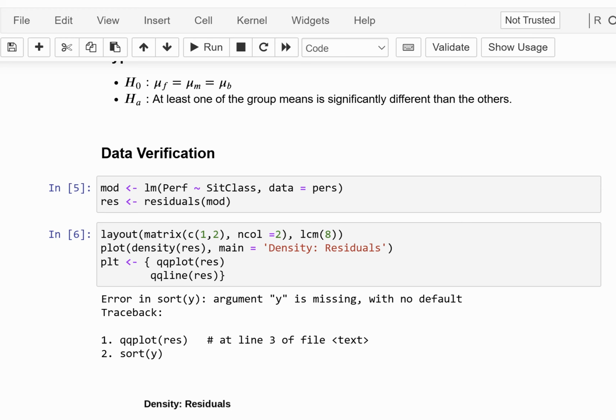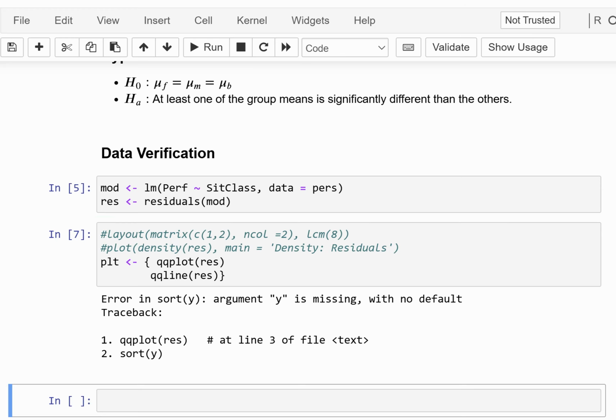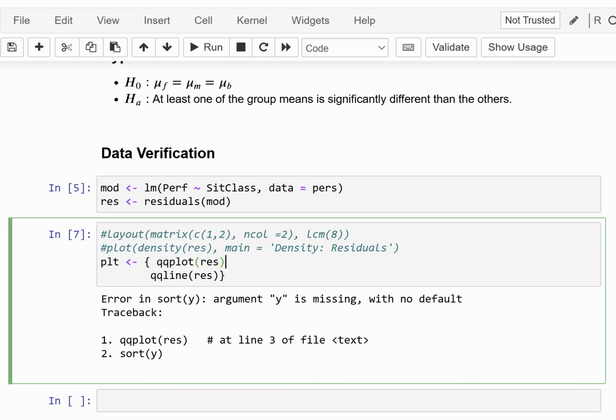I am going to do this. I'm going to turn these into comments and just do the plot. And it does not like this. This is interesting because I tested this before I started creating the video, and this worked.